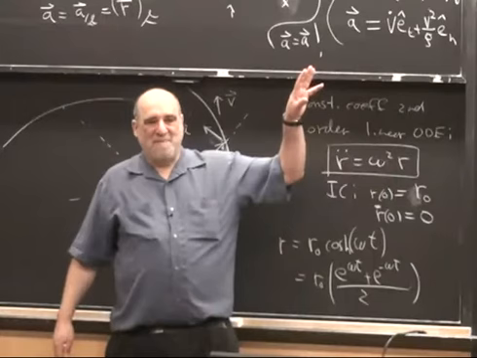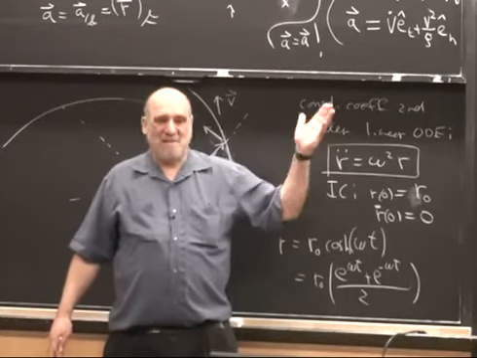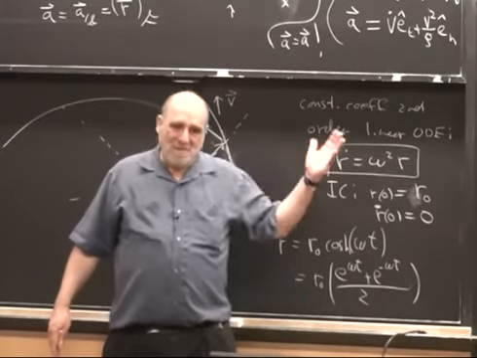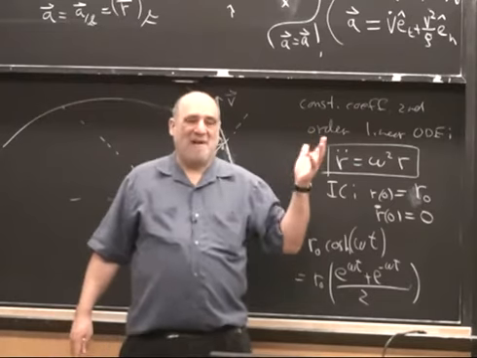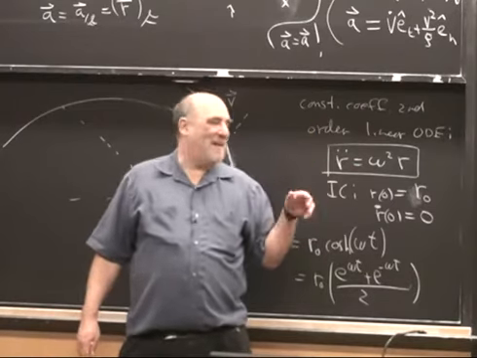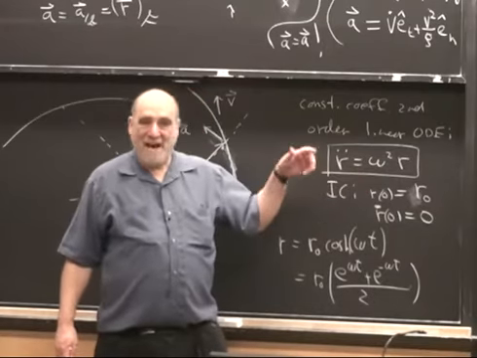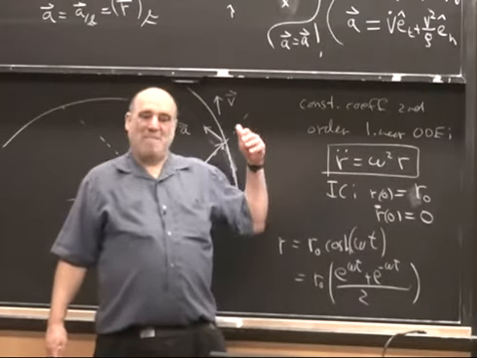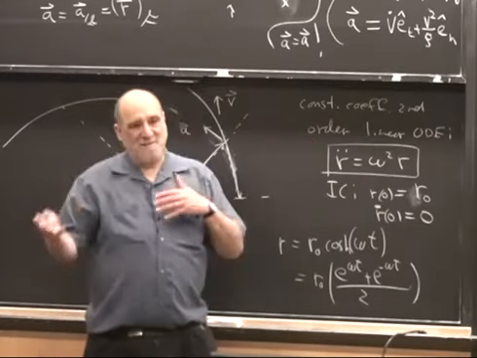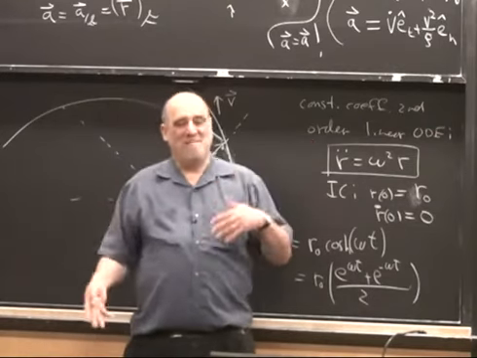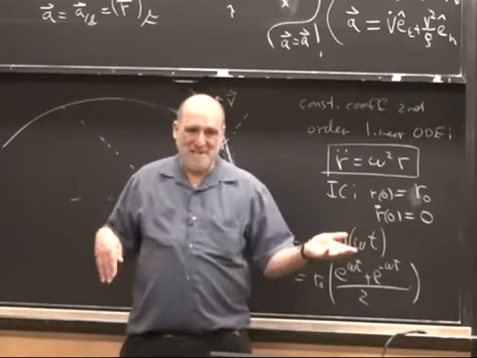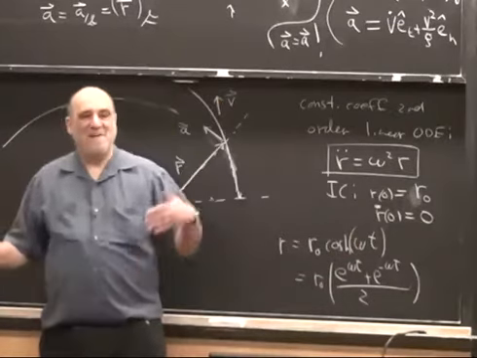The argument of the exponential you don't know yet. You plug in the exponential. You get some kind of polynomial to solve to figure out the argument. In this case, you'll figure out that it's just omega in the exponential. It's not i omega. But minus omega also works, so we get two solutions, e to the omega t, e to the minus omega t. We take a linear combination of them. We set the initial value equal to r0.